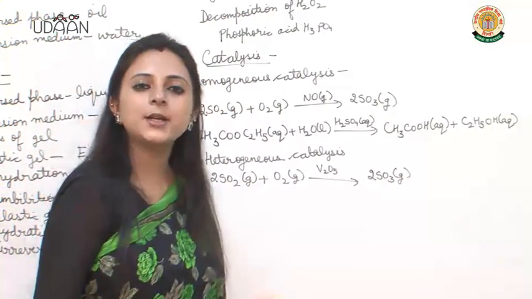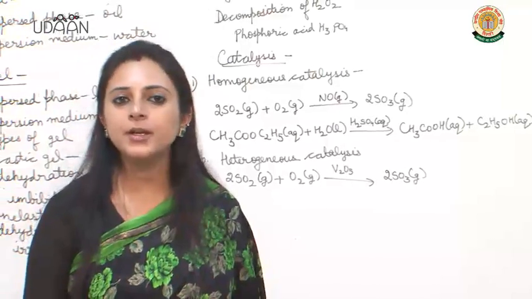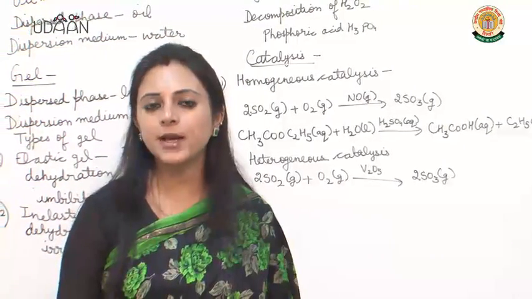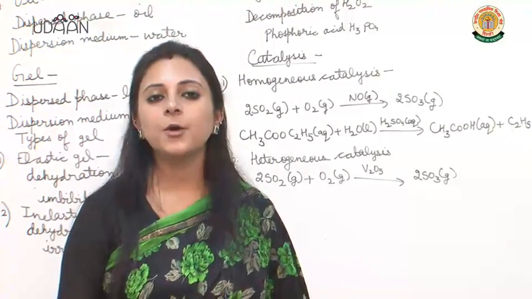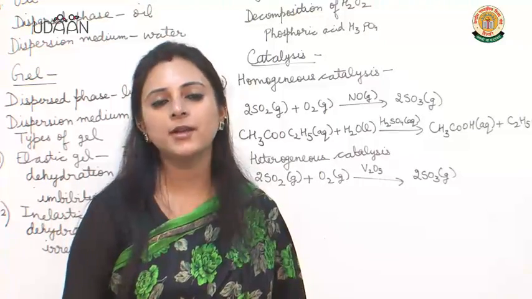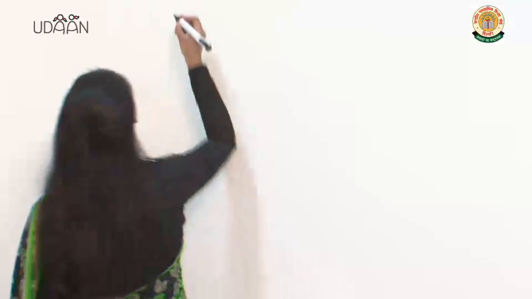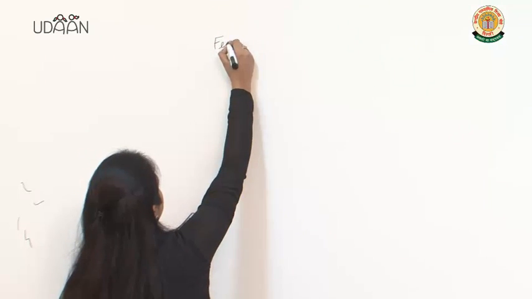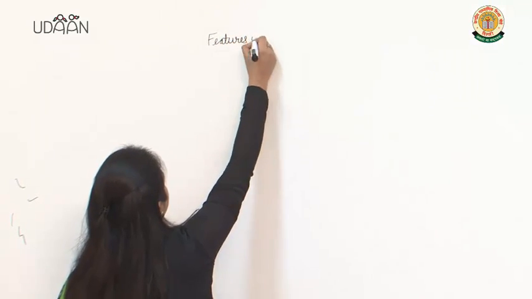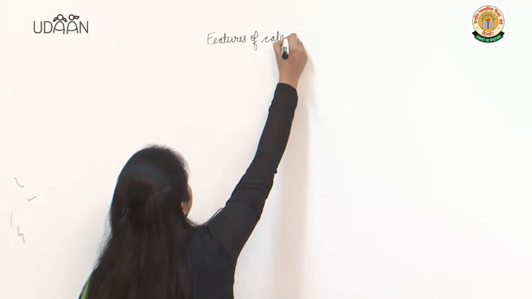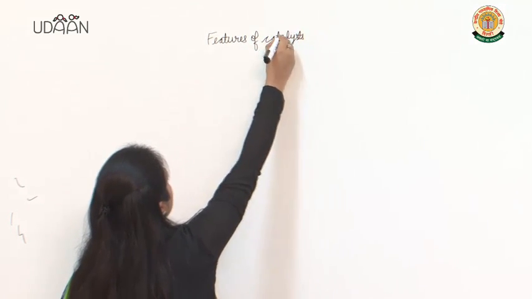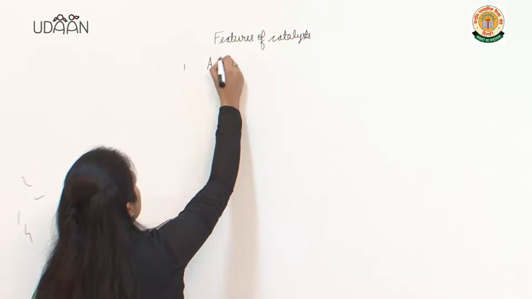Now we will study some properties of enzymes as catalysts, and we will see what the different characteristics are that an enzyme has. Now let us study some features of catalysts. First is the activity of a catalyst.